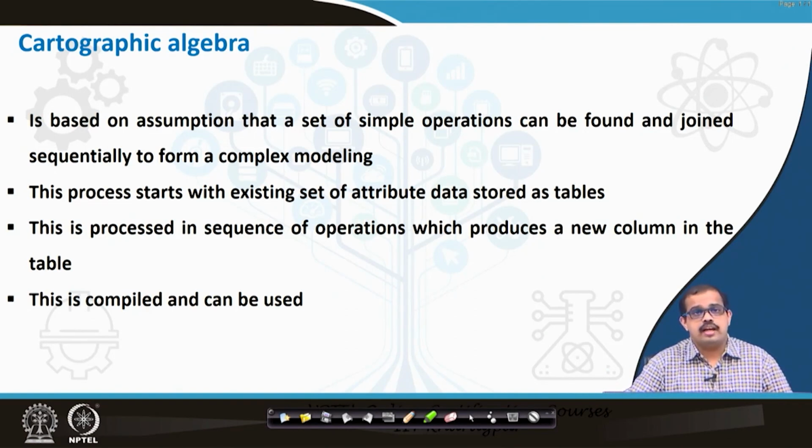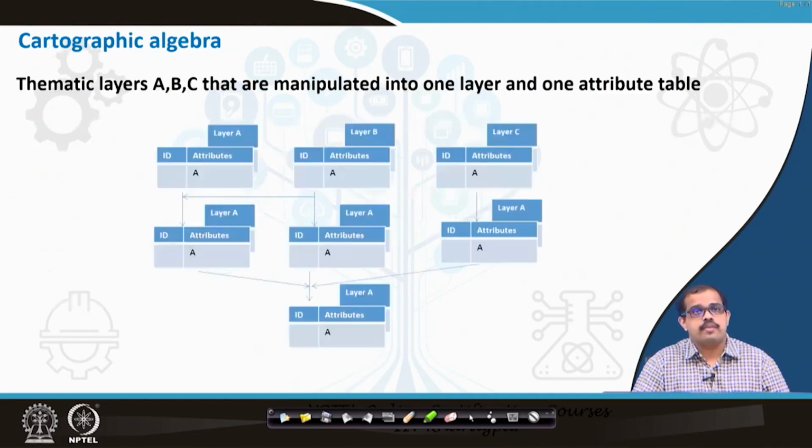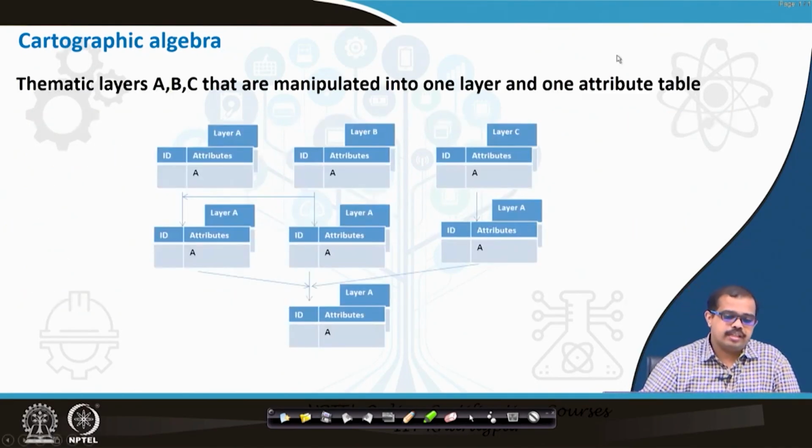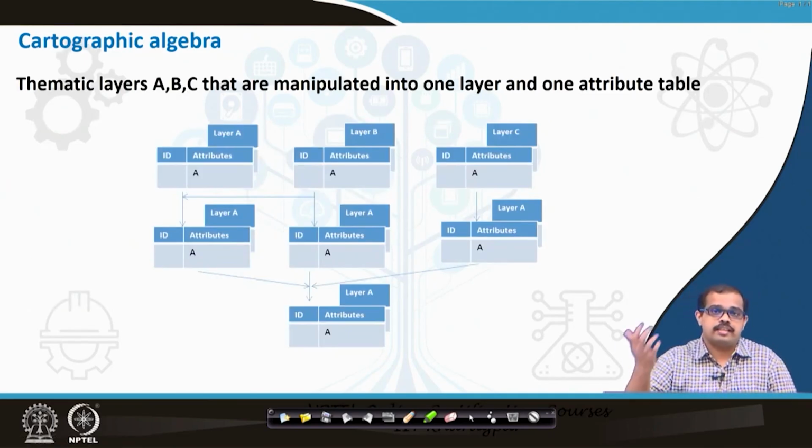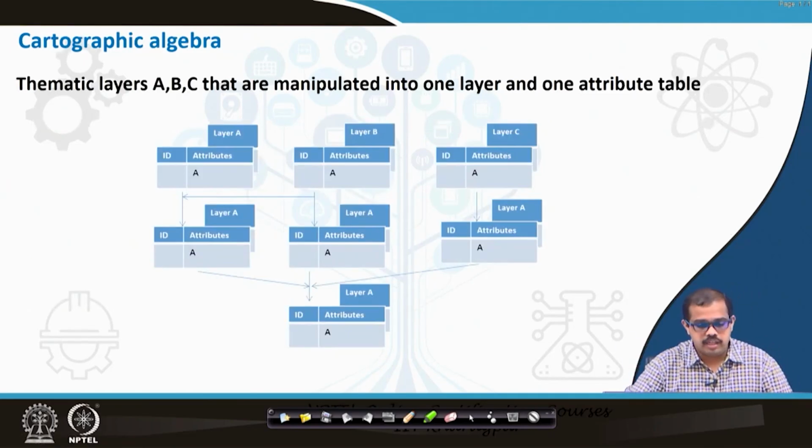The process starts with an existing set of attribute data stored in tables. These are processed in a sequence of operations which produces a new column in the table. Then finally, these are compiled and can be used for various analysis. This is an example of thematic layers A, B, C that are manipulated into a single layer and one attribute table at the end to perform as a model.